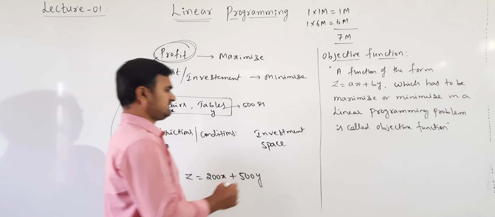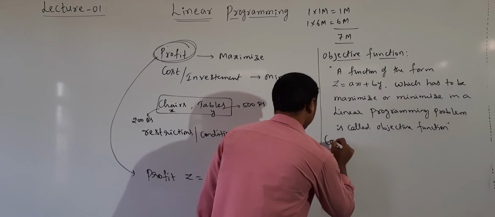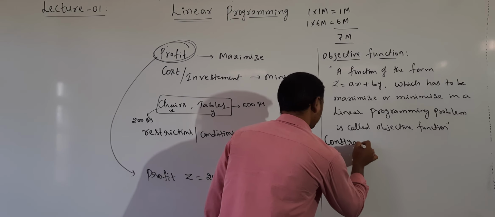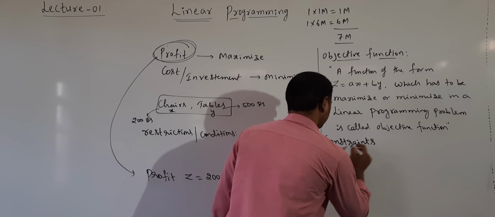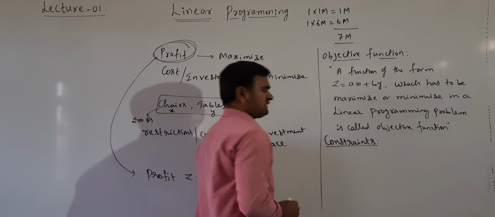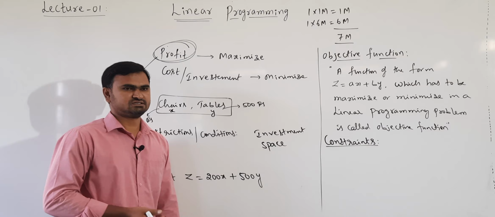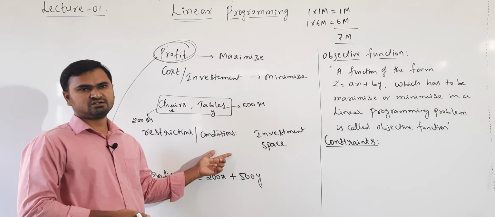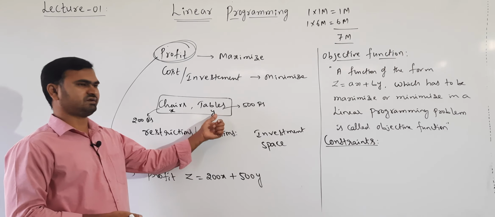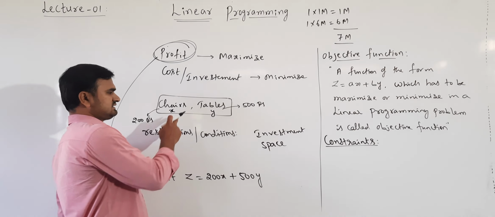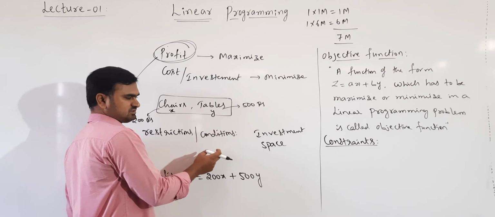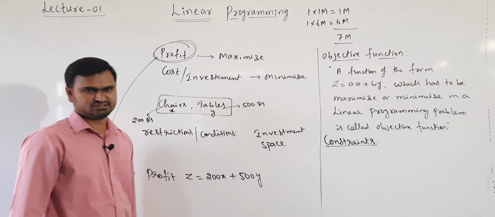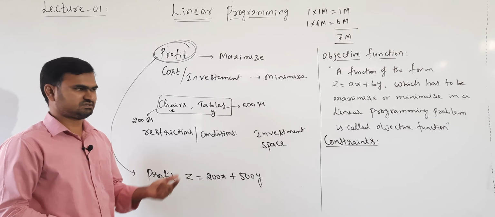Next, we define constraints. What are these constraints? Constraints are nothing but the restrictions or conditions on the variables x and y. Now to sell these chairs and tables, as I told, there will be some restrictions, some conditions.